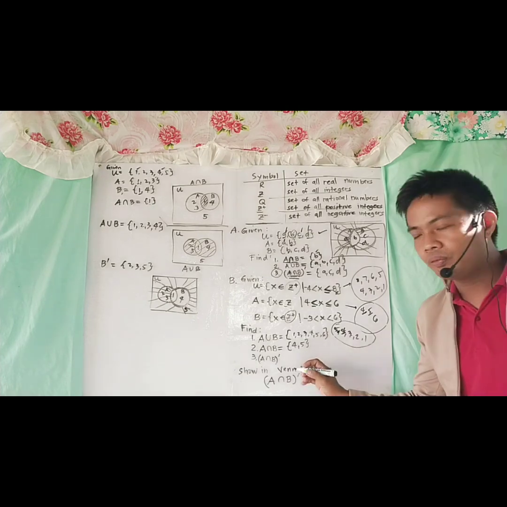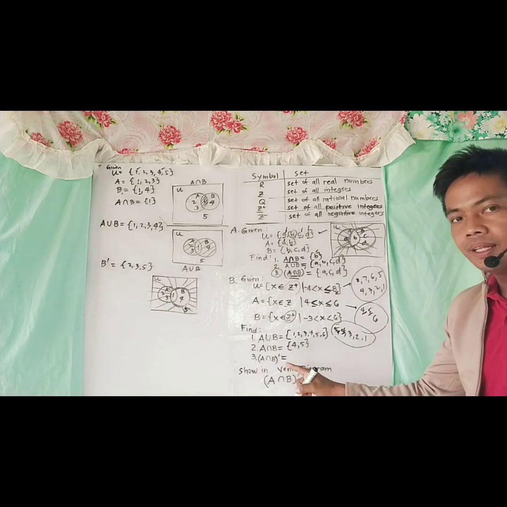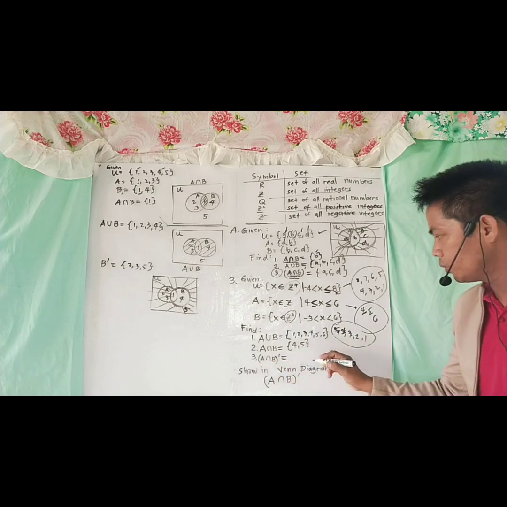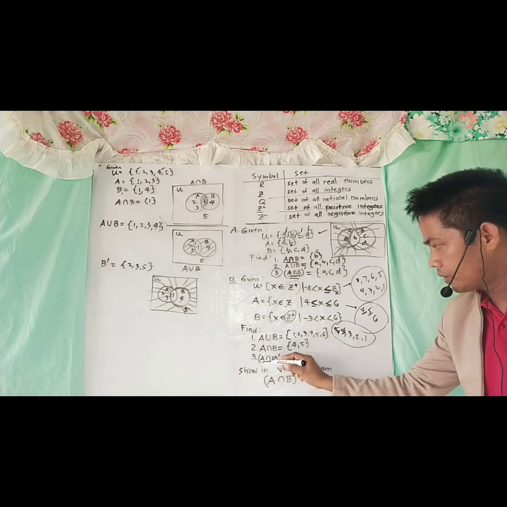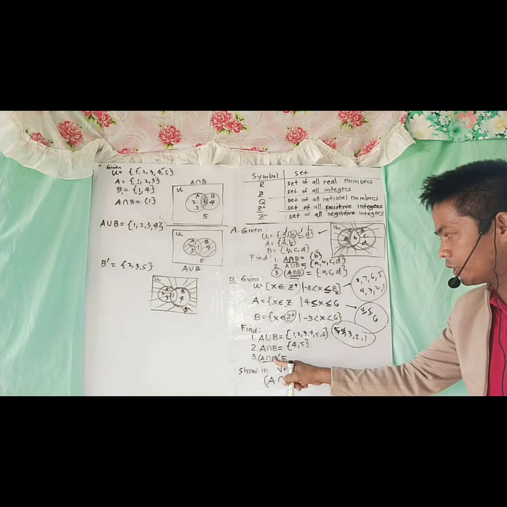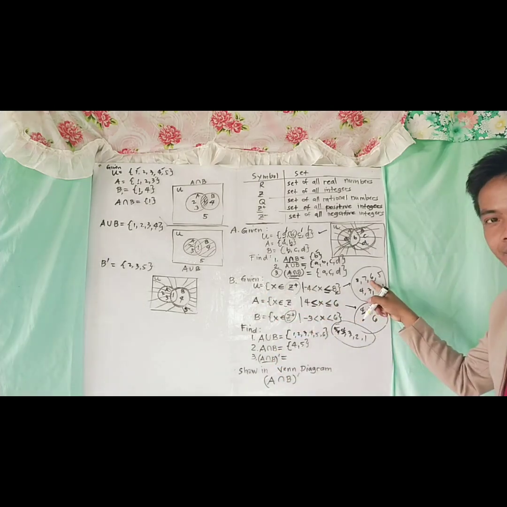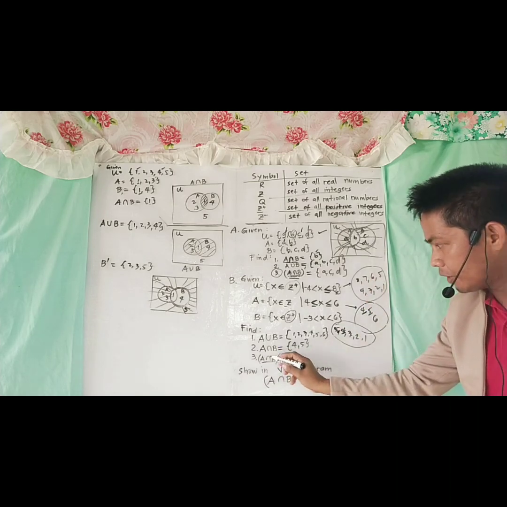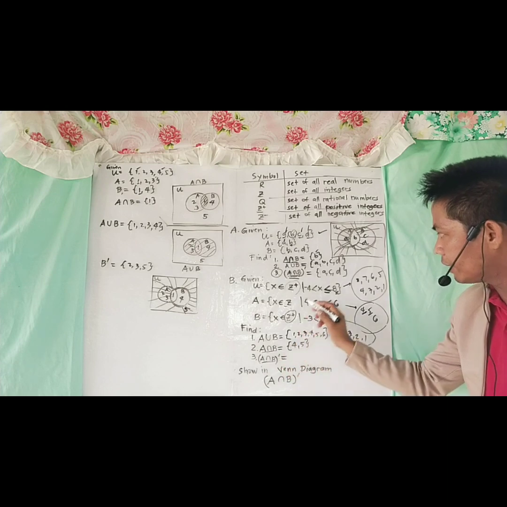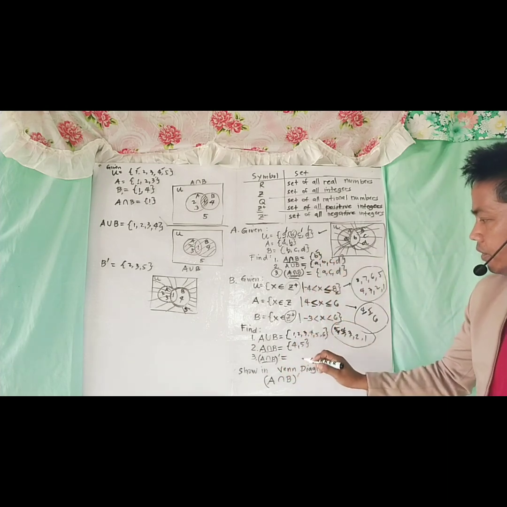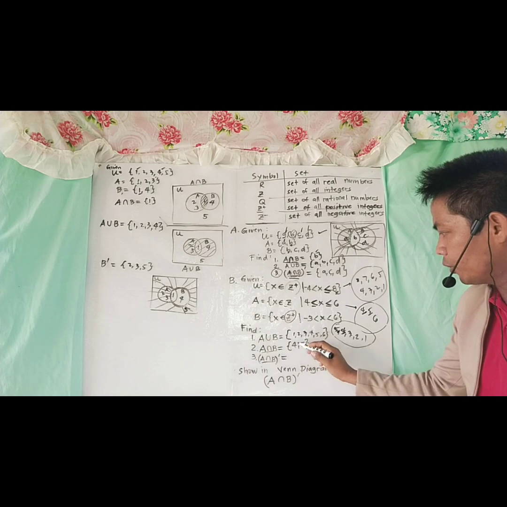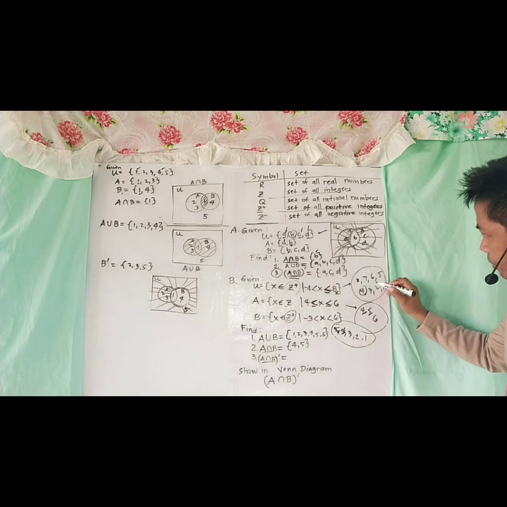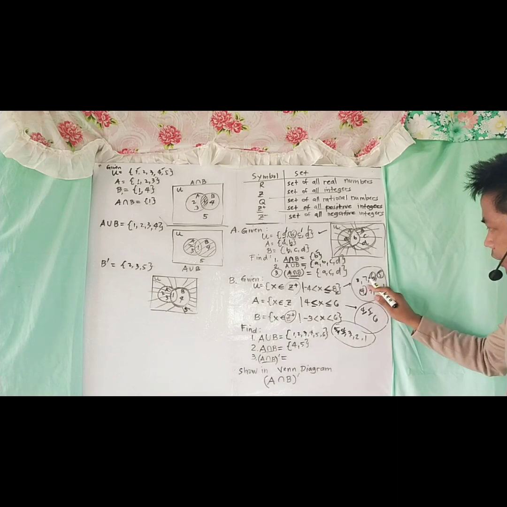So how are we going now to find the complement of A intersection B? To do that, it means the elements are not part of the intersection of the two sets, but part of the universal set. So 4, 5, 6 are excluded.